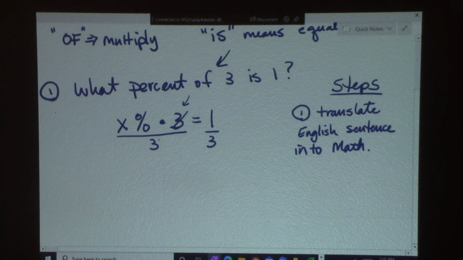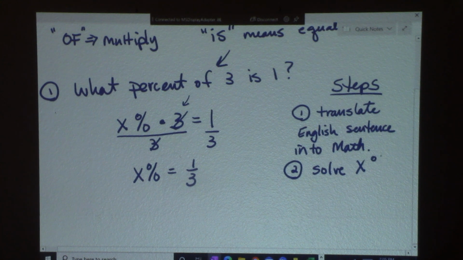And 3 over 3 goes away, and I have just x% equals 1/3. So what did I do there? I solve for x%. So get x% alone. All right, I got rid of the 3.